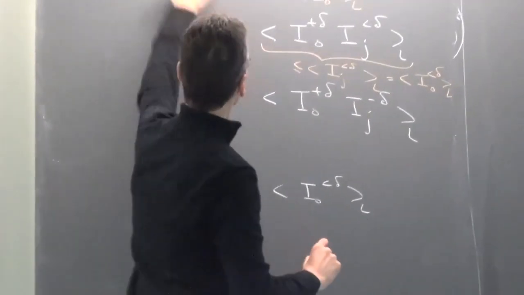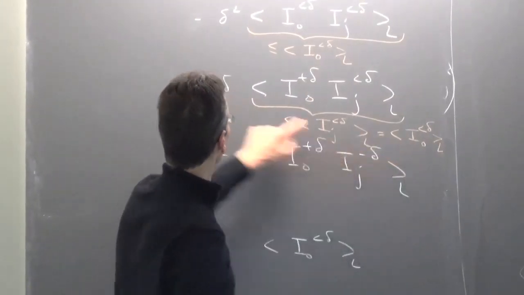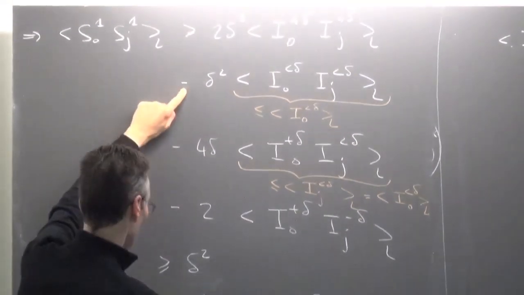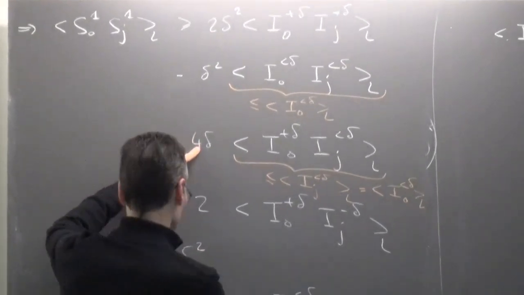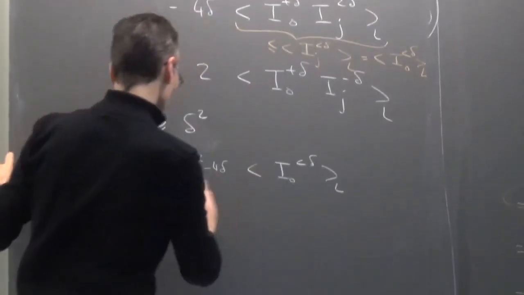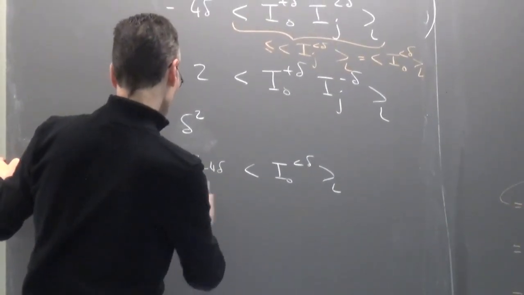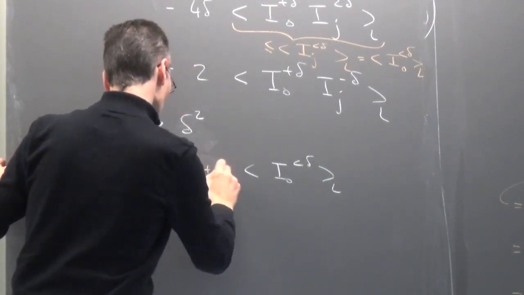But I also get an additional, where is it? These two guys, here and there. So I get another delta square from here. So it's minus 4 delta square, and I get minus 4 delta. So I can put 4 delta in front of everything. 4 delta times delta plus 1. 4 delta 1 plus delta.